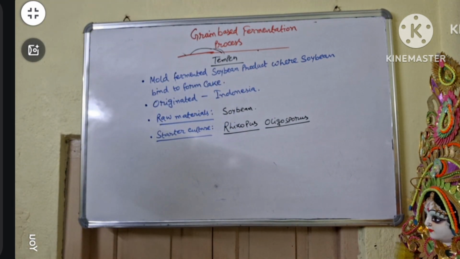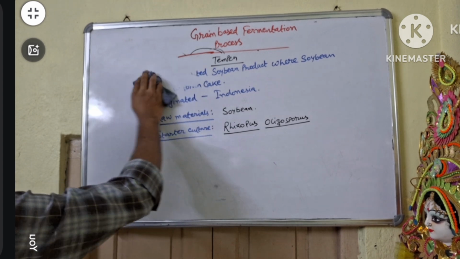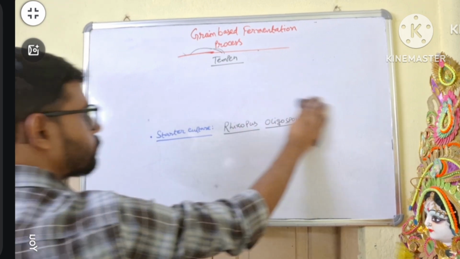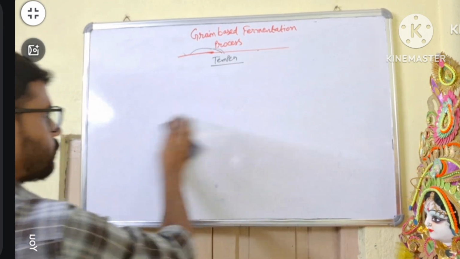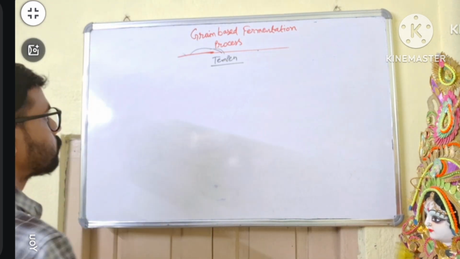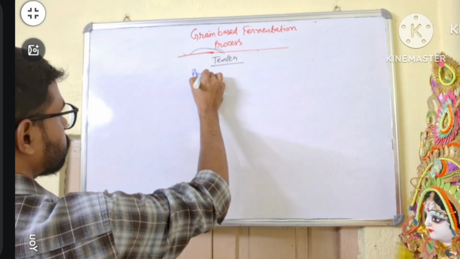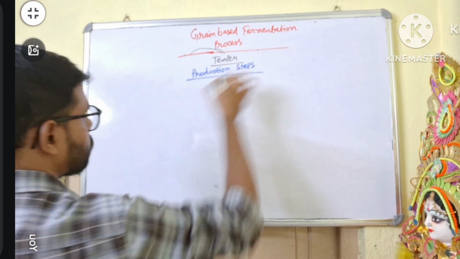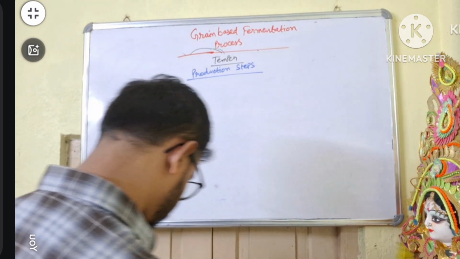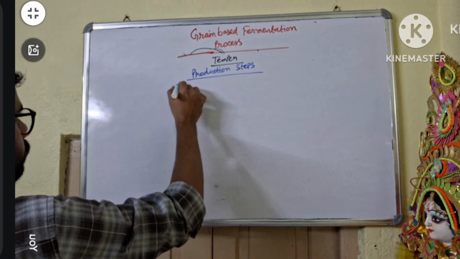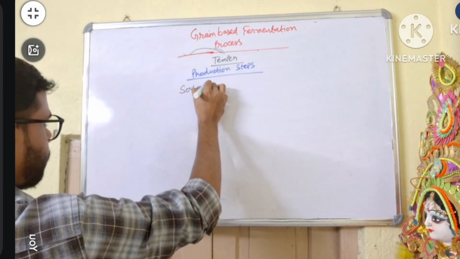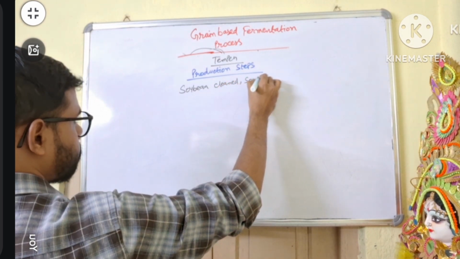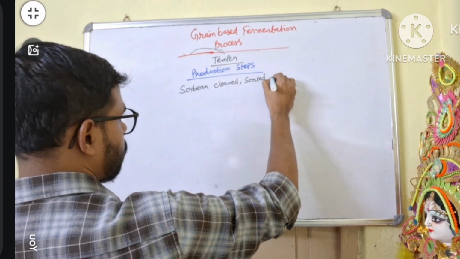Manufacturing steps of tempeh. Production steps: first, soybeans are collected, cleaned, sorted and dried.